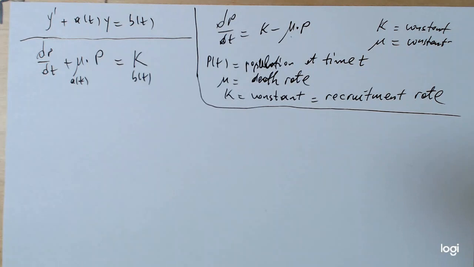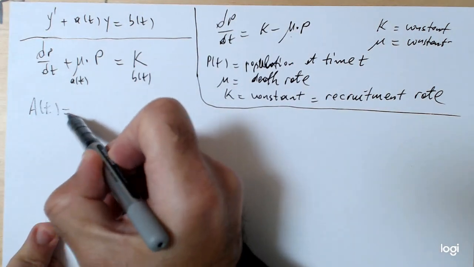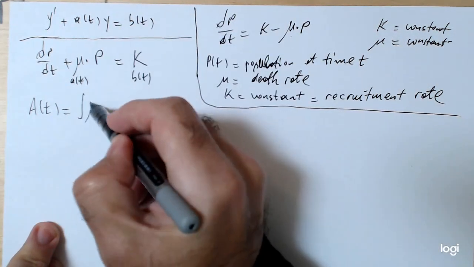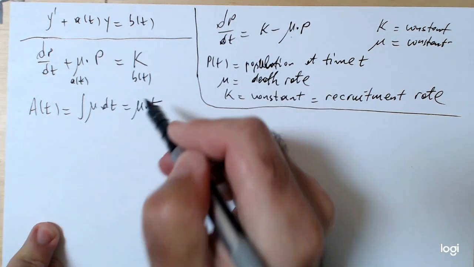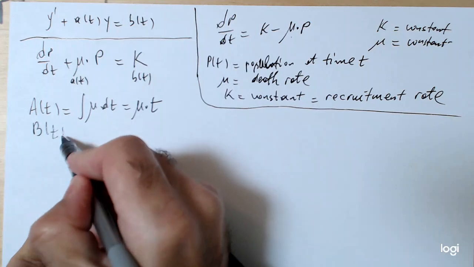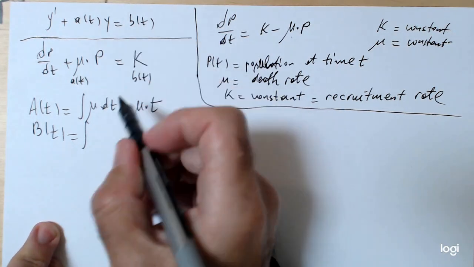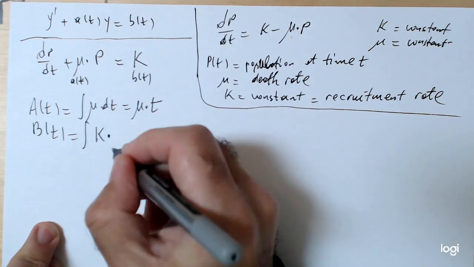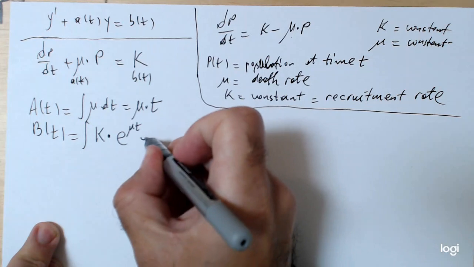It's not difficult because dealing with constants has got to be easier in terms of integrating this equation. So if we follow the framework from the previous part, a of t is the integral of mu dt. That's just a constant, so that's just mu times t. And b of t is the integral of b of t, which is a constant k, times e to a of t, which is e to the mu t.